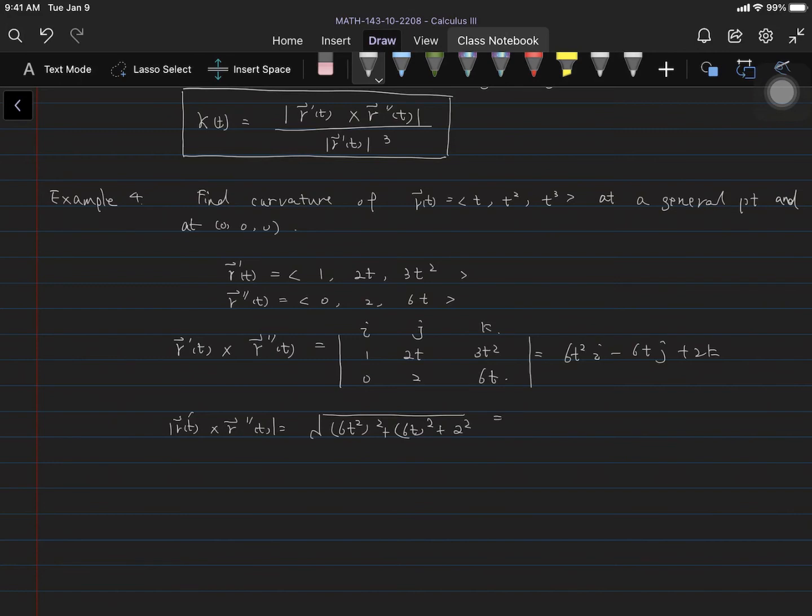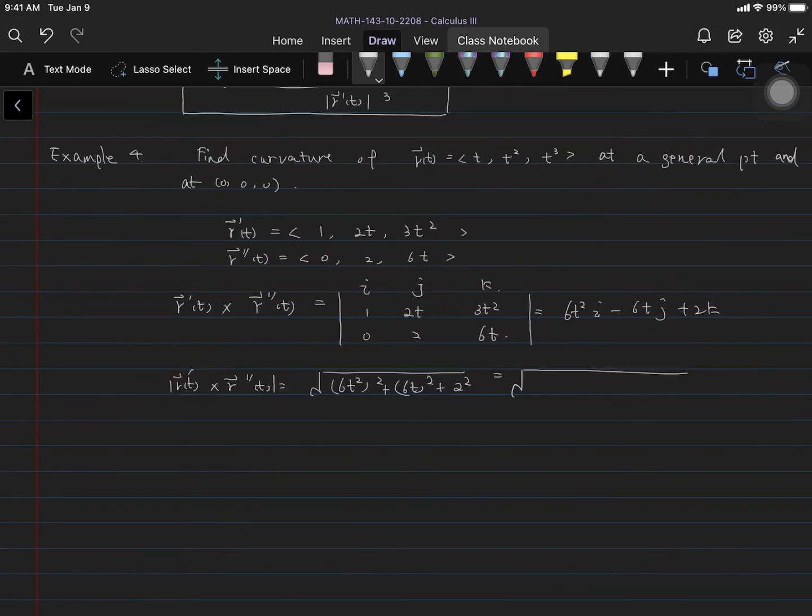Simplified, that's the square root of 36t to the fourth plus 36t squared plus 4. We can factor 4 out, and when we factor it, it becomes 2 times the square root of 9t to the fourth plus 9t squared plus 1. You don't have to simplify, but this is the simplified form.